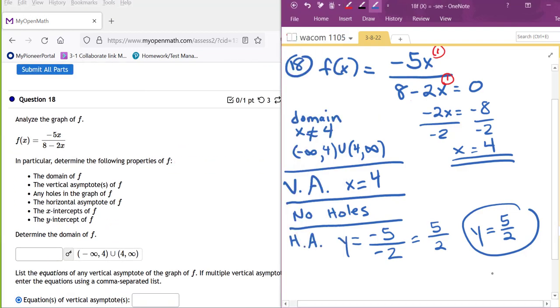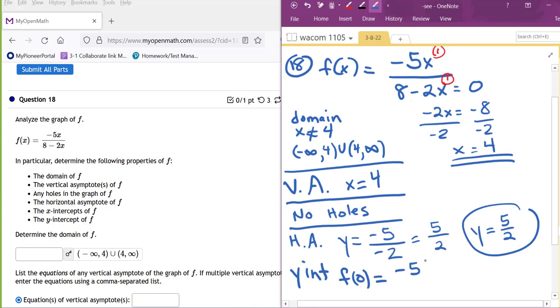So we need to remember how to find those. X-intercepts, you plug 0 into y. Let's do y-intercepts first. So y-intercepts, plug 0 into x.